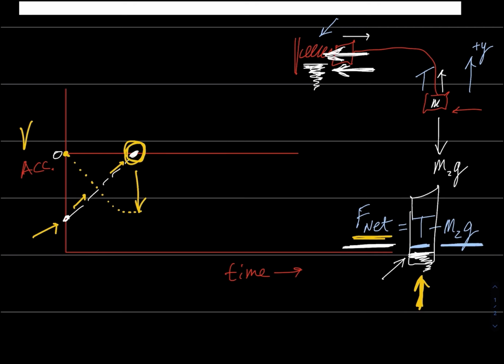And then as our mass continues to drop even farther, and the spring gets stretched even more, the restoring force goes up, the tension in the string goes up, the net force is now growing above 0, the net force is in the upward direction, and our acceleration is moving upward.